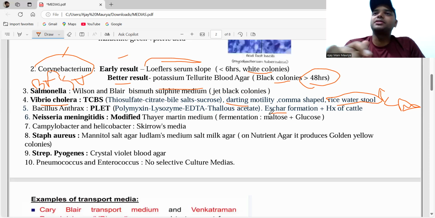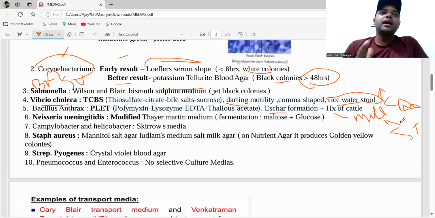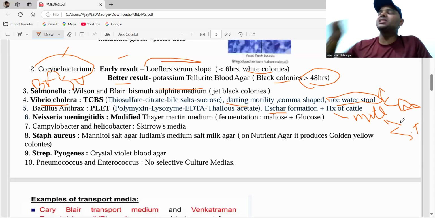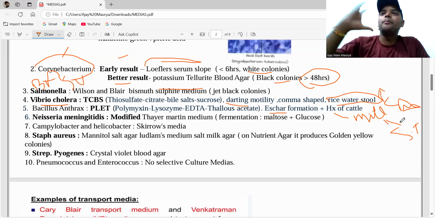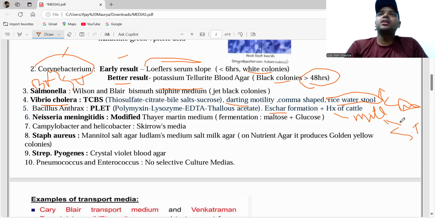If there is an eschar formation and there is a history of a mite bite, then it's going to be scrub typhus. Remember here, guys. Bacillus anthracis: a black color eschar plus history of cattle. As you know, Bacillus anthracis is box shaped in appearance.